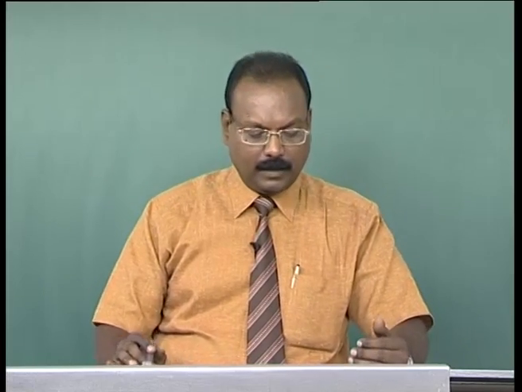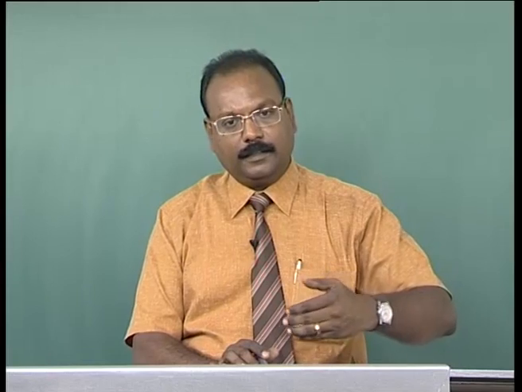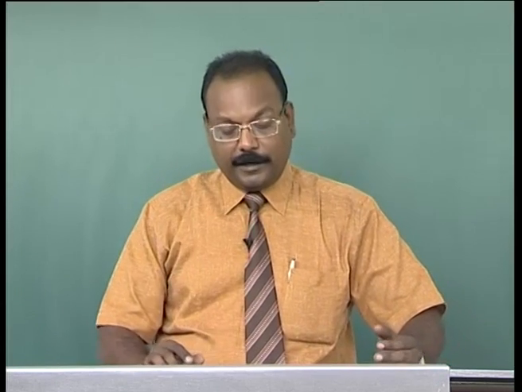Now, in case of high context culture, the family values and the dominant themes are lineal. This means it is authoritarian. There is a father, super father, or the great grandfather, then the grandfather, then the father and the mother, son, eldest sister, elder sister, and so on. So, it goes with that kind of authority and it is prescribed.